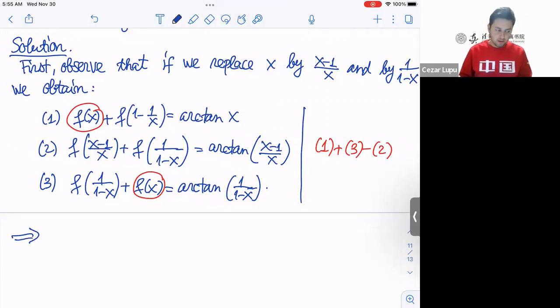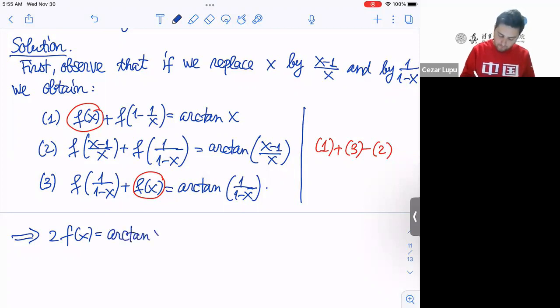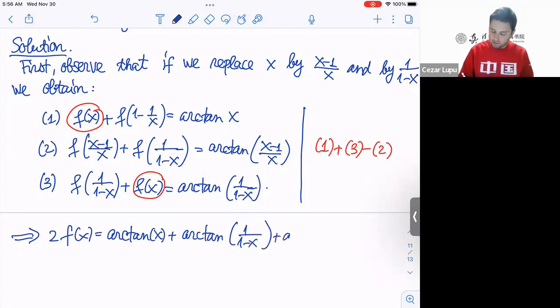So let's see. We get that 2f of x is arctangent of x plus arctangent of 1 over 1 minus x plus arctangent of x minus 1 over x.